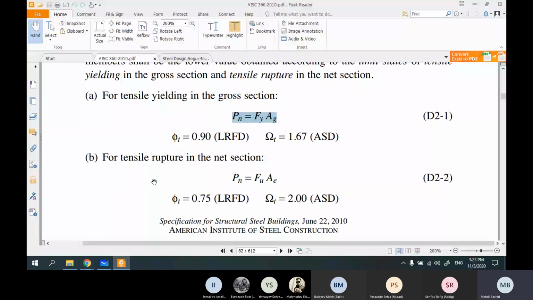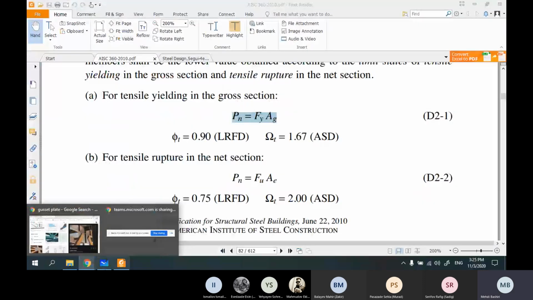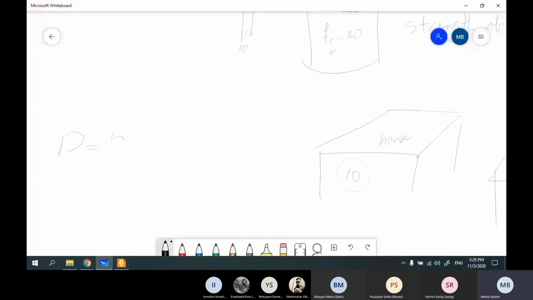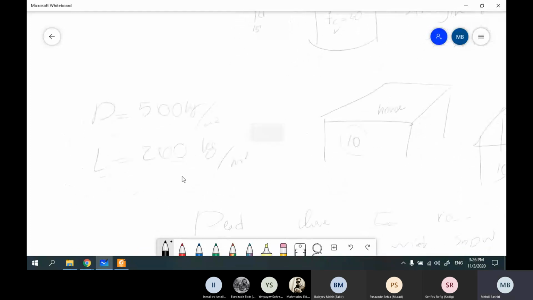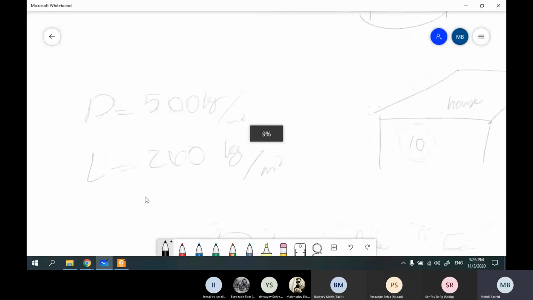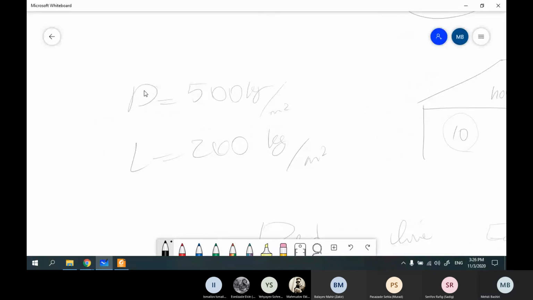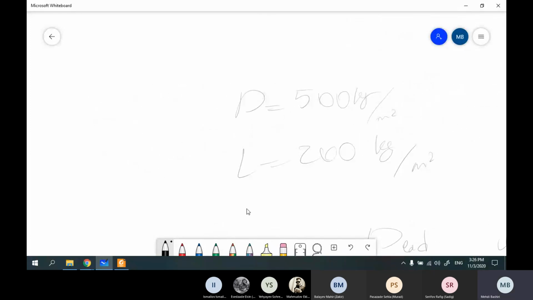In this course, I'll give you the demand. For example, I'll tell you that D is 500 kilogram per meter square, or L is 200 kilogram per meter square. So they are given, but you have to find the total load, dead load and live load.